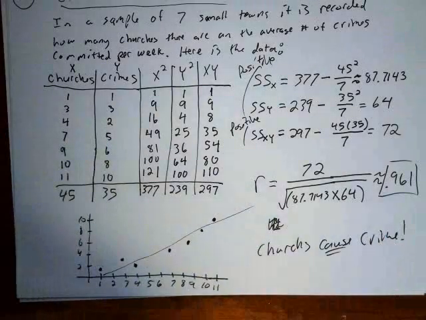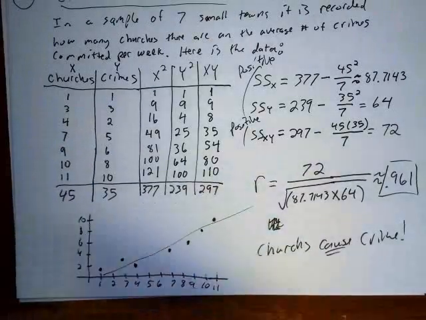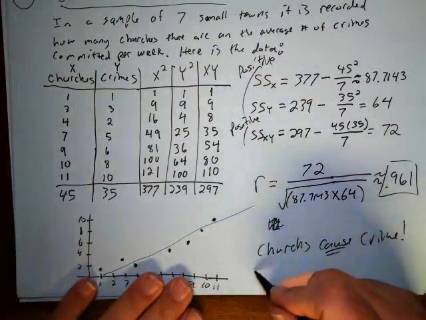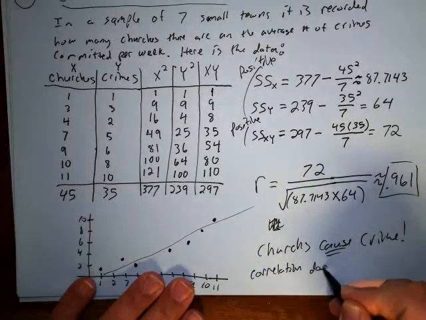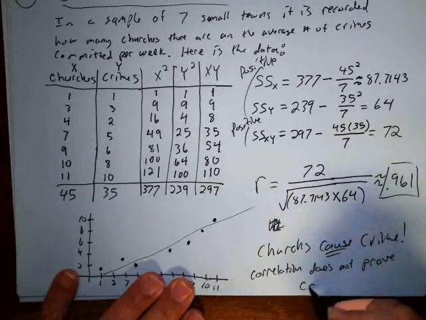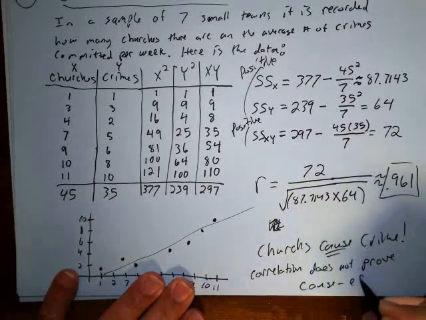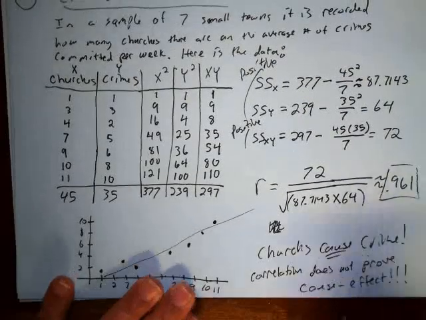but just because there's a positive correlation, the correlation doesn't prove causation, right? So correlation does not prove cause and effect. So if you want to show cause and effect, you would need to have an experimental study.